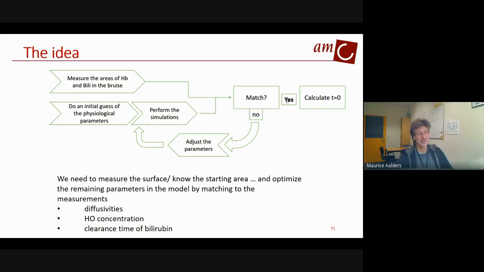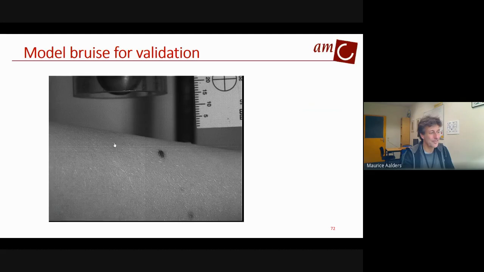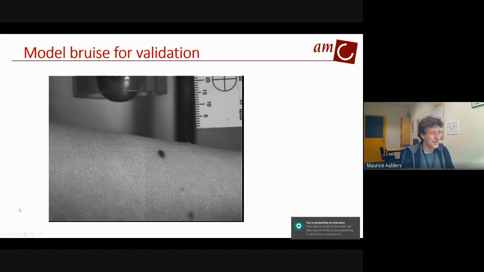And if they match, we know that the model accurately describes the development of the bruise in that particular person on that particular body part, and then we can calculate it back to T0. And that way we can work on every patient on every location.